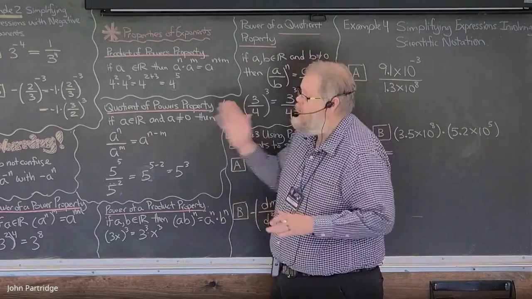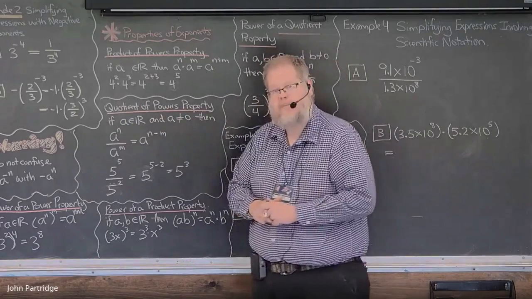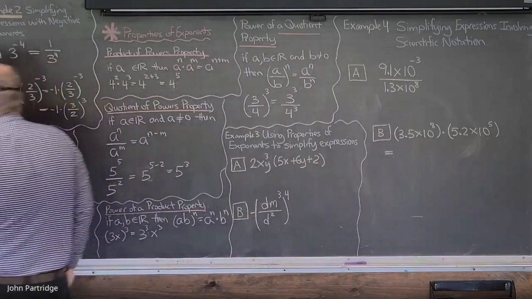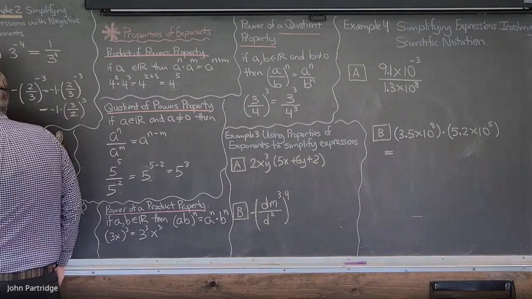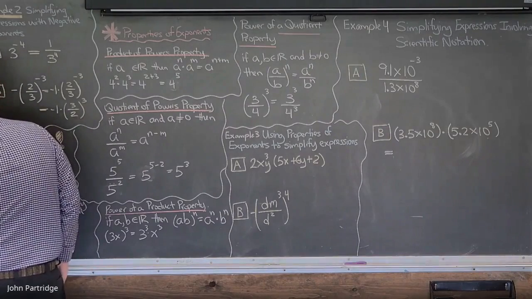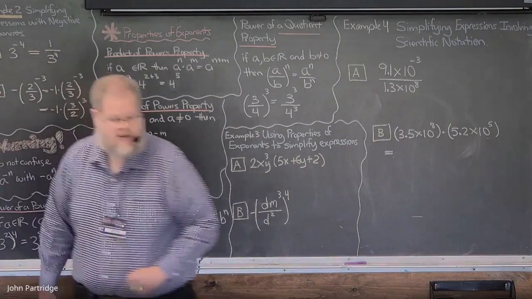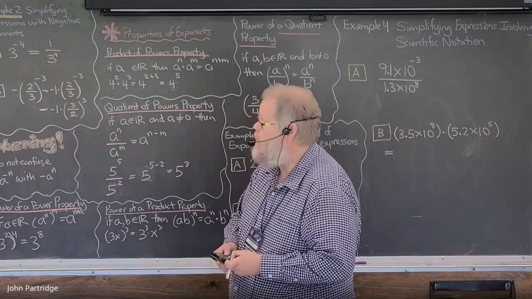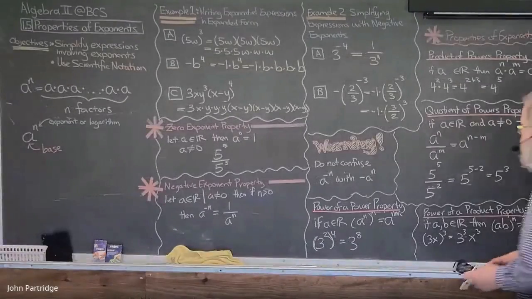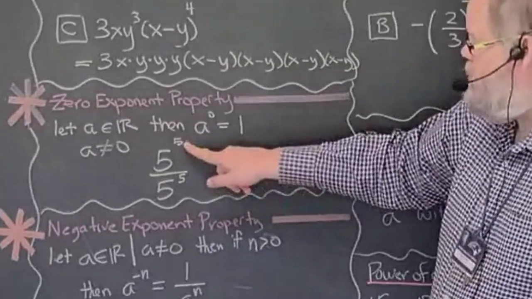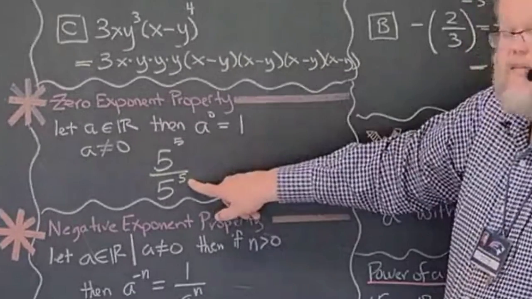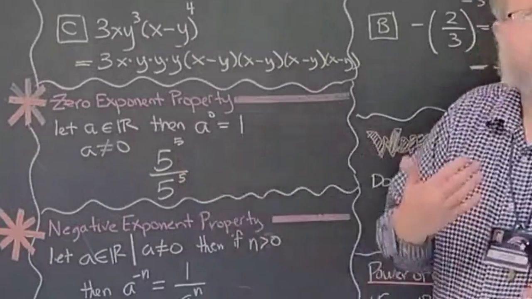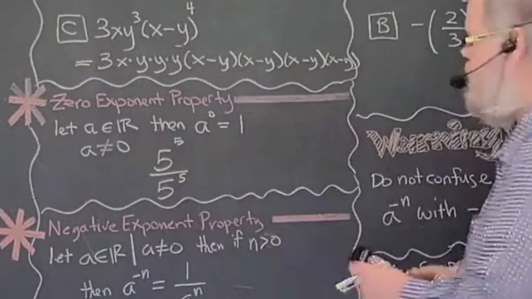Now I can actually go back and show you why the 0 exponent property is true. Let's say I have 5 to the 5th divided by 5 to the 5th. I'm going to need to move my camera back. That's perfectly fine. Right here, 5 to the 5th divided by 5 to the 5th. Well, it's the same exact power, same exact base. We know that's the number 1, right?